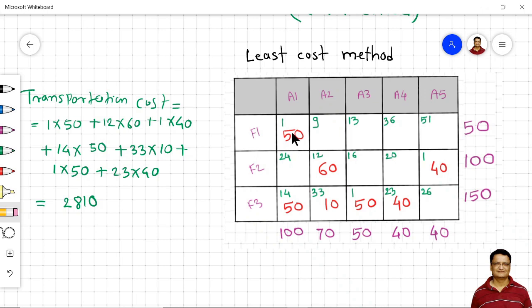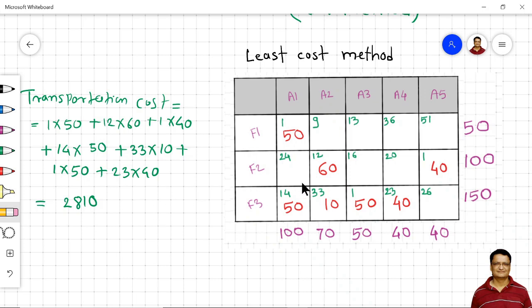Same thing for the demands. The demand of 50 plus 50 is fulfilled and the total demand was 100. So 60 plus 10 fulfills the demand of 70. So 50 matches with this 50, 40 matches with this 40, and this 40 is equal to this 40. So we can say that this particular solution is a feasible solution.